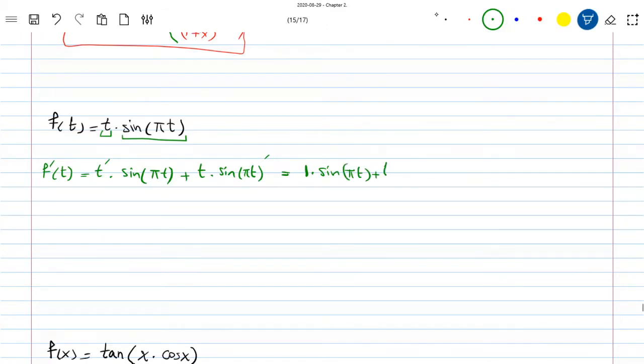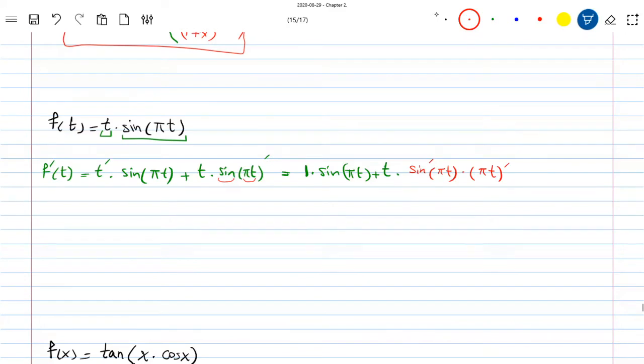plus t times, now what is the derivative of sine pi t? Now you have an outside function operating on an inside function. So here I'll say it is the derivative of the outside acting on pi t multiplied by pi t derivative. Chain rule.